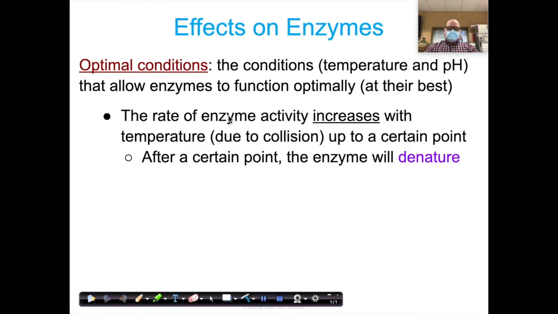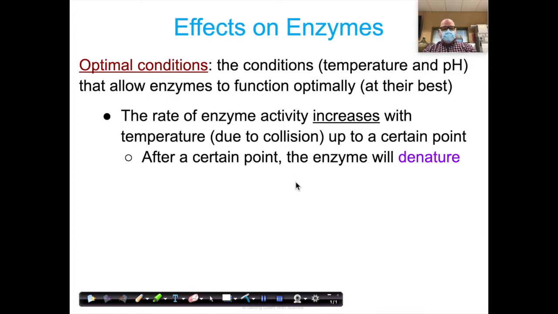The rate of enzyme activity will increase with temperature. When particles start moving faster, there's more particles bumping into each other, but after a certain point, the enzyme will just break down and the substrate won't fit at all anymore. So usually we like high temperatures for reactions, but there's a point where it just can't work anymore.